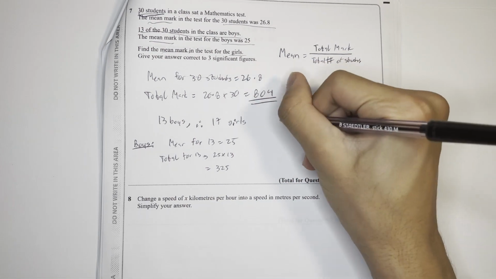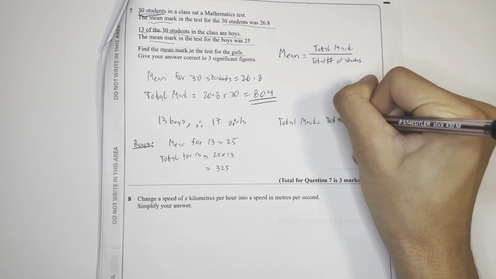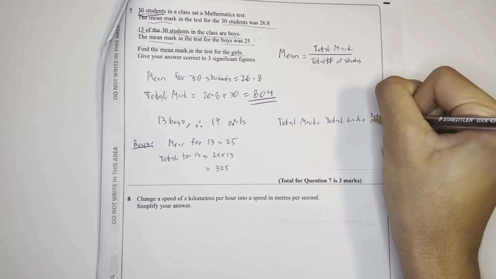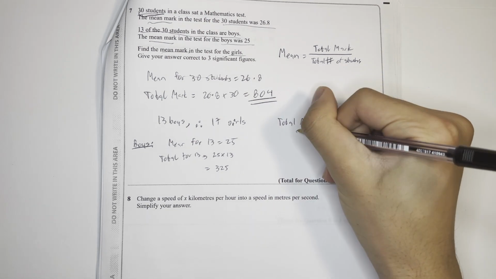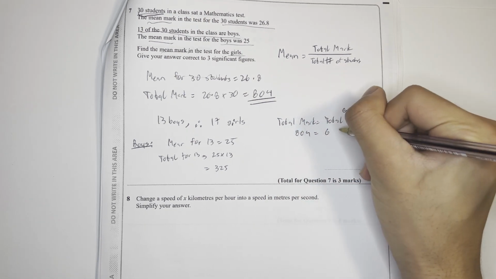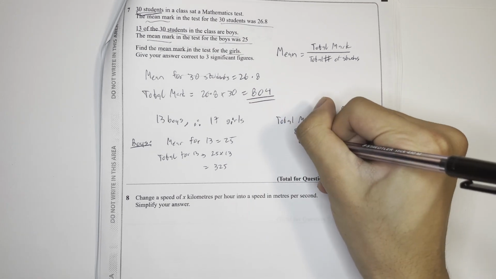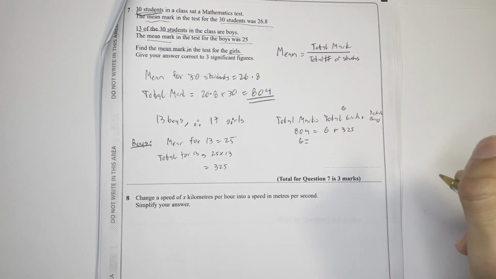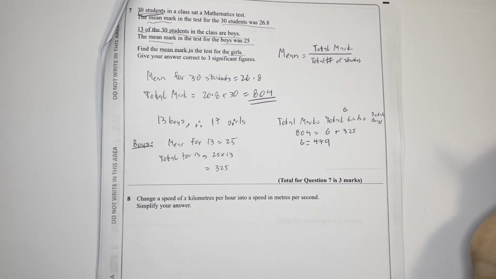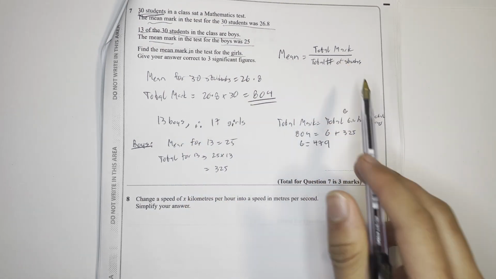Like we mentioned earlier, the total mark is equal to the total for the girls plus the total for the boys. This means 804 is equal to the total of the girls, which we'll call capital G, plus 325, meaning that the total for all of the girls is 479.